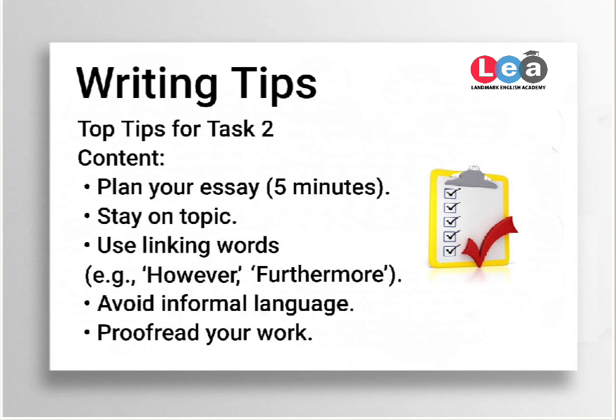With the help of proofreading you can increase your score by 0.5. Sometimes we make silly errors in our essay, so while proofreading we have the chance to correct them.